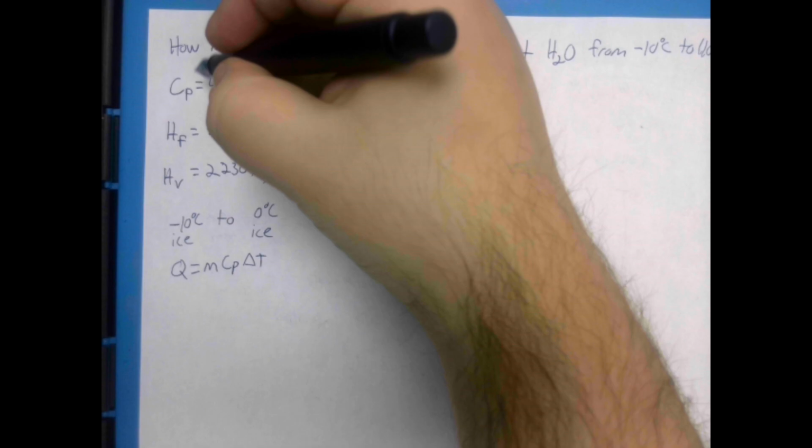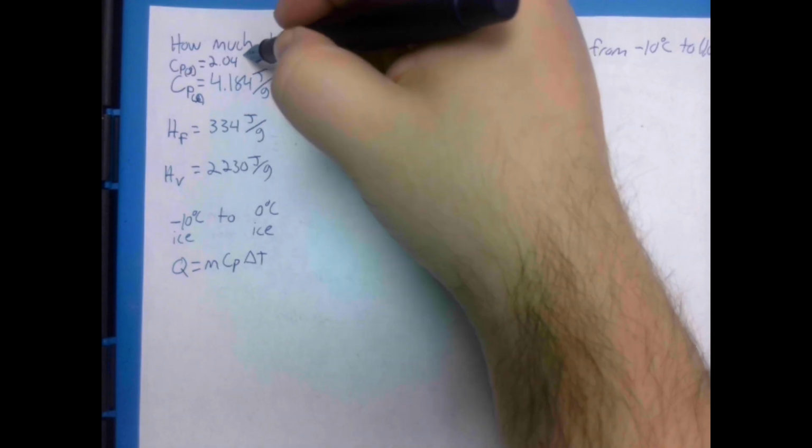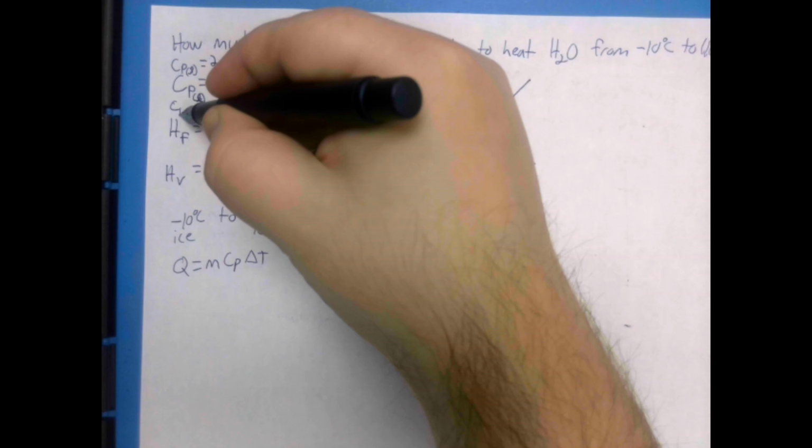The Cp value for solid, so ice, is 2.04 joules per gram degree Celsius. And the Cp of H2O for a gas phase is 1.9996 joules per gram degree Celsius.